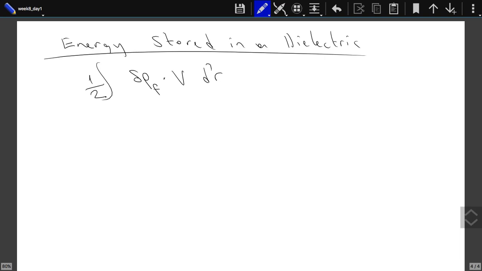So in that case, we don't have this 1 over 2 factor. Or the other way of calculating exactly the same thing: take one charge, multiply that charge with the potential V created by all the other charges, and sum over all the charges, but this time, to avoid the double counting, we have to multiply by 1 over 2. So that's where we have this 1 over 2.